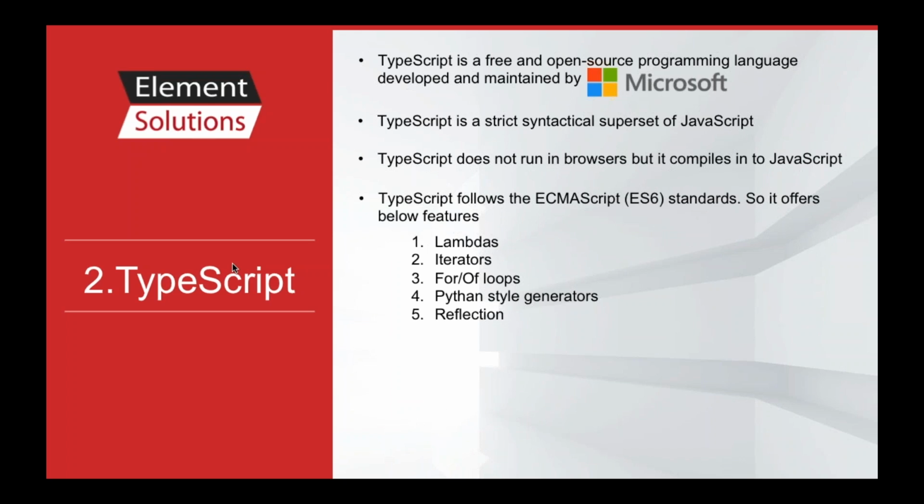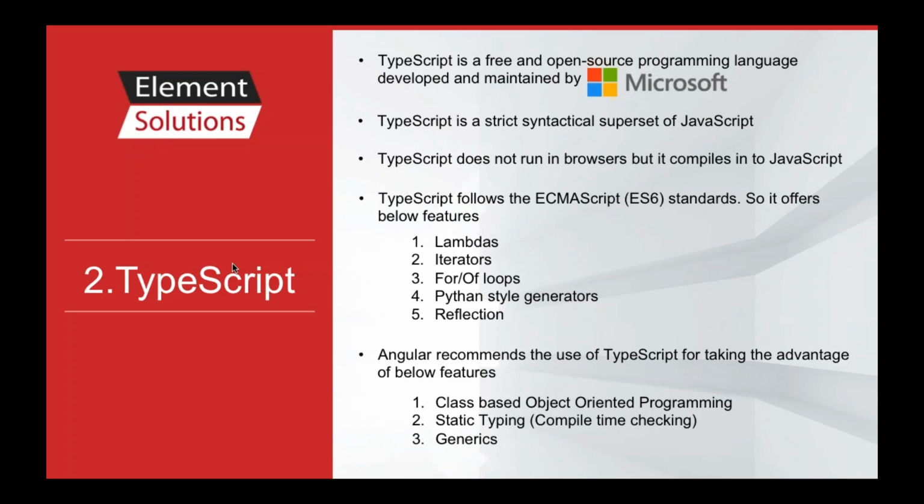As I said, the ES6 standard offers lambdas, iterators, loops, Python-style generators, and reflection. A language which obeys the ES6 specification should provide these kinds of features. So if we write our Angular in TypeScript, we can make use of these features. That is the reason behind TypeScript's use in Angular.